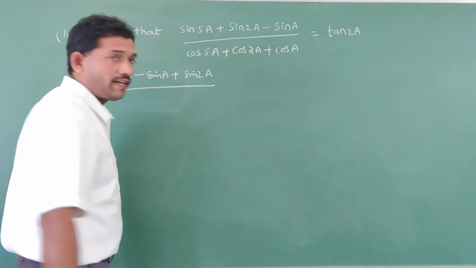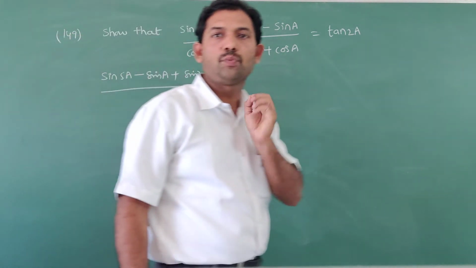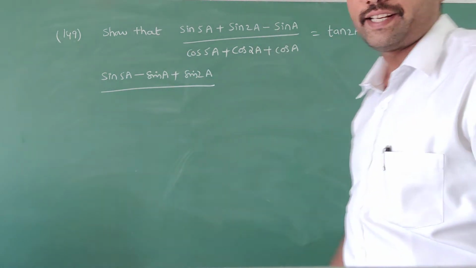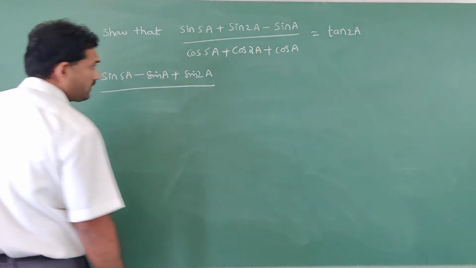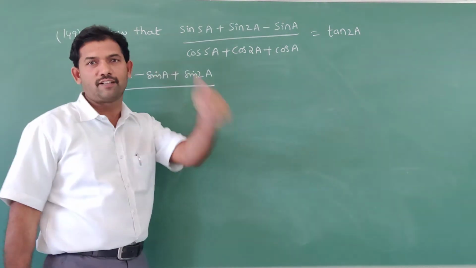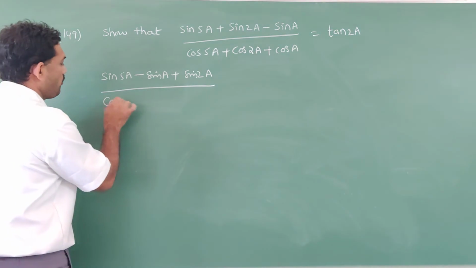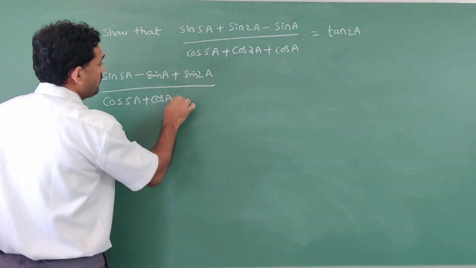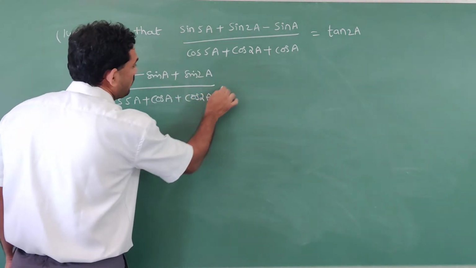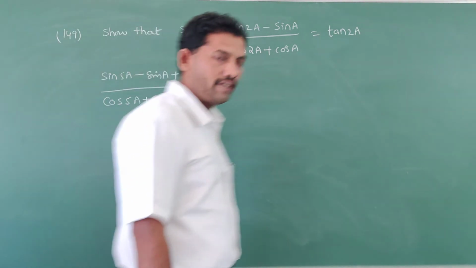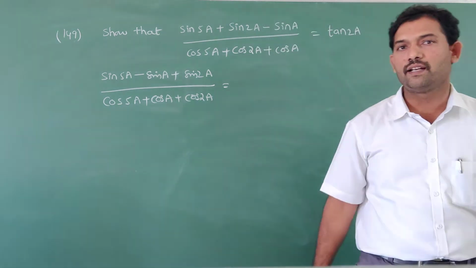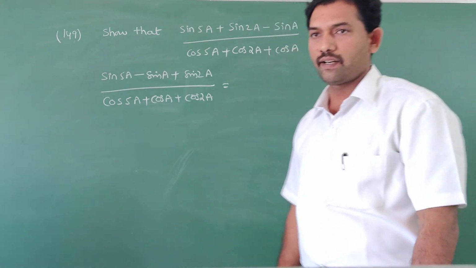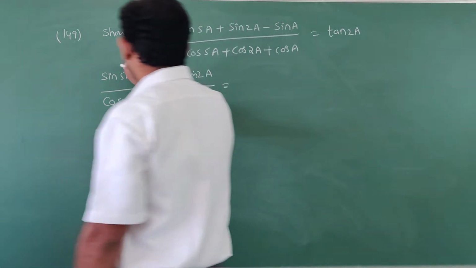I took the LHS and grouped the small changes: sin 2a minus sin a, plus sin 2a. Similarly, do it in the denominator also: cos 5a plus cos a, plus cos 2a. Understand? In numerator and denominator we take the smallest angle and the big angle as one pair.